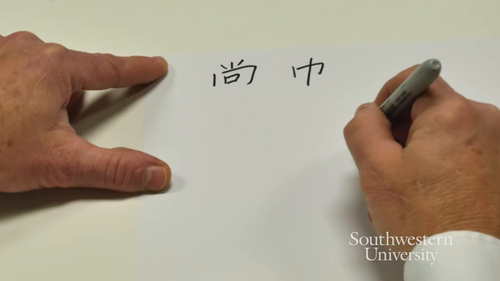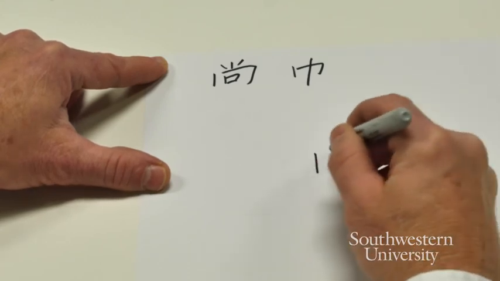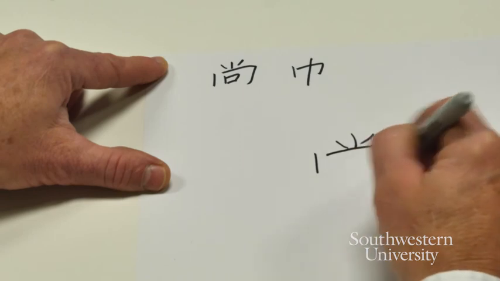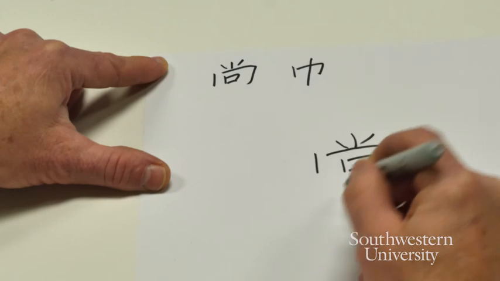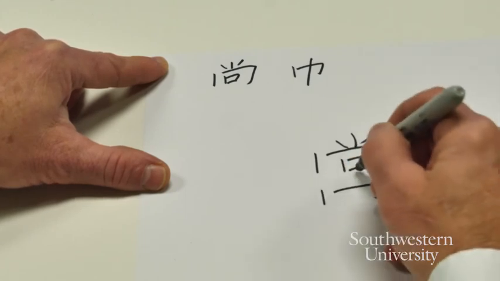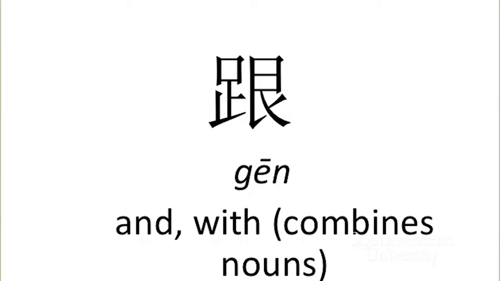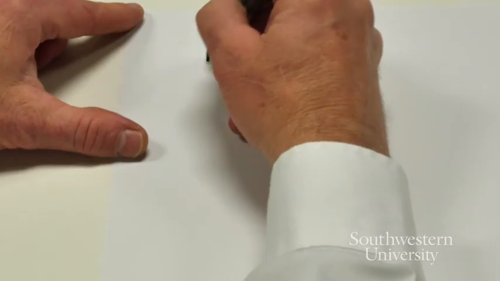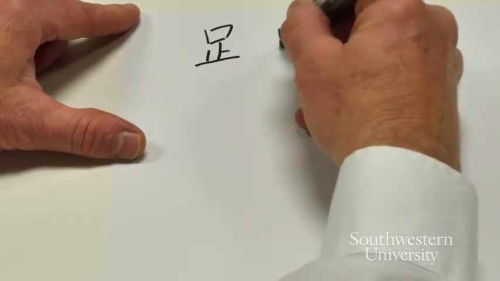So when you write it as a character, and it's just a phonetic borrowing again, you write the top part, then the ko, then shu, hung, ja, go, and shu down through it. Chang, often.